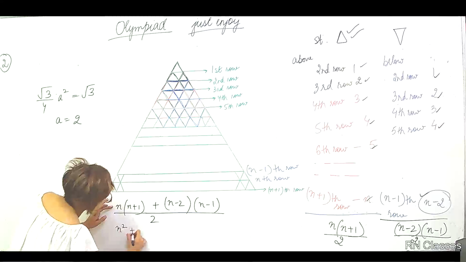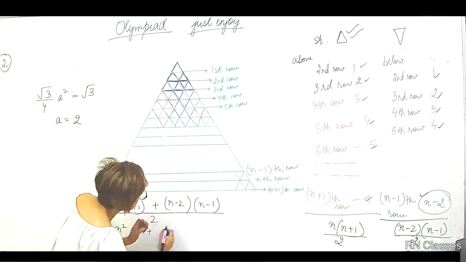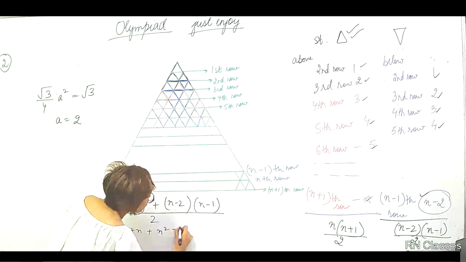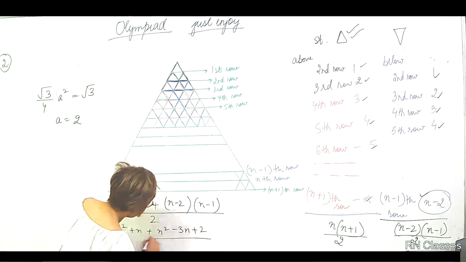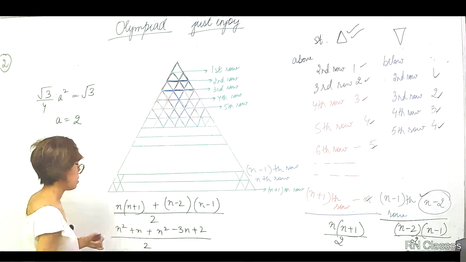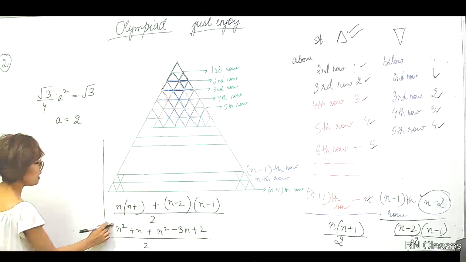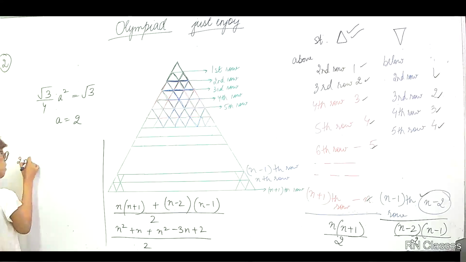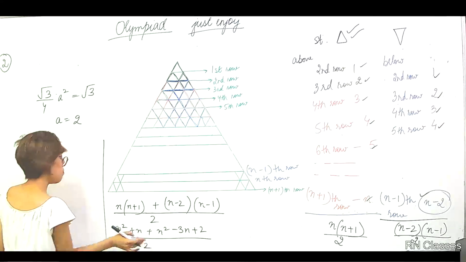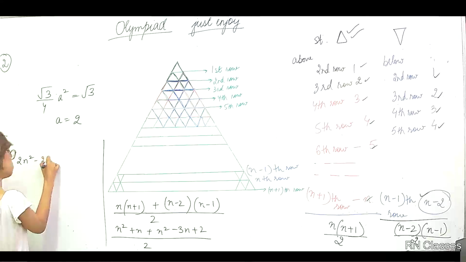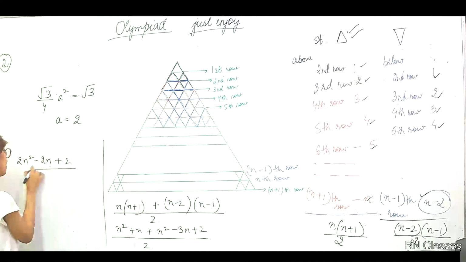So this is n square plus n plus, open it up, n square minus 3n plus 2 by 2. So this is, now I'm coming here. So n square, 2n square, then minus 3n plus n minus 2n plus 2. So we'll divide by 2. So 2 gets cancelled.